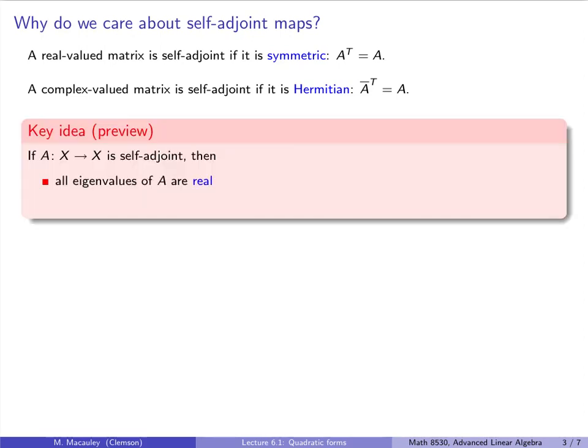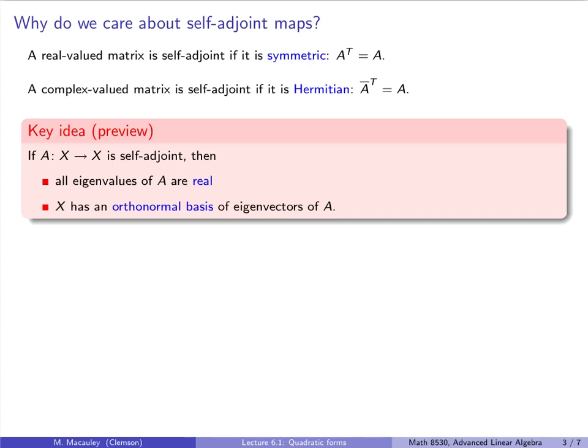A key idea of why we care about these things, which I'm not going to prove in this lecture, but will state because it's important for context, is that if we have a self-adjoint map, then all of the eigenvalues of A are real, and the space X has an orthonormal basis of eigenvectors of A.